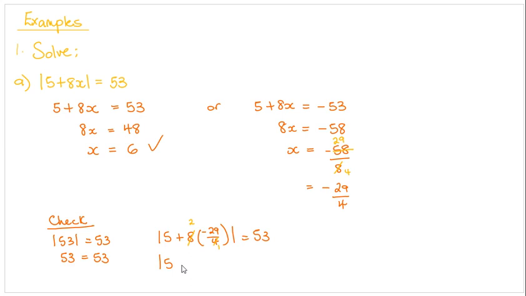This is going to be 5 minus 58, and 5 minus 58 is negative 53. So what we have here is the modulus of negative 53. And we know that the modulus of negative 53 gives us 53. So 53 equals 53, and this works also. So we have two solutions for x: x is equal to 6 and x is equal to negative 29 over 4.